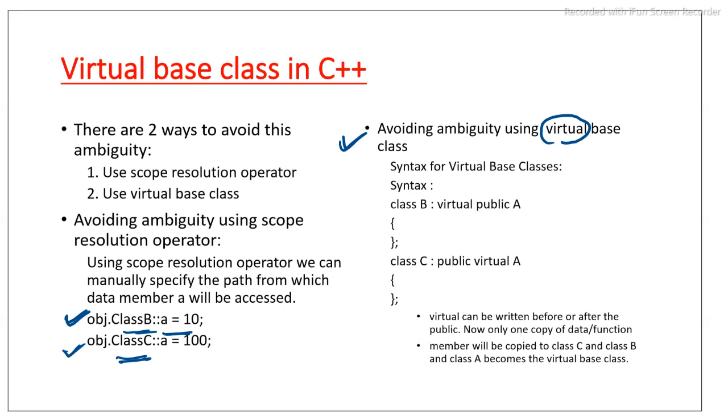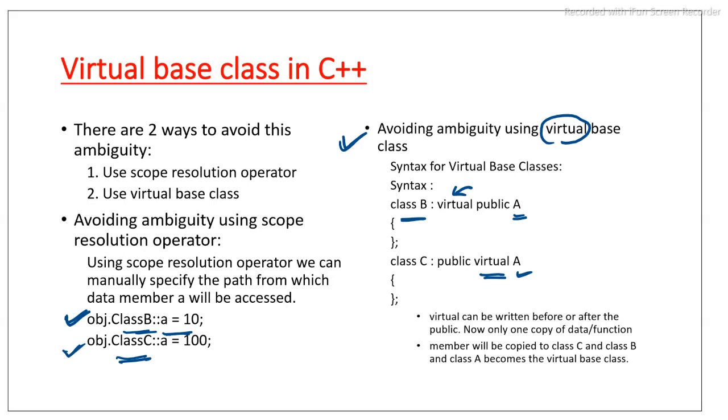The syntax is like this: if class B is inherited publicly from A, we specify virtual public A. Similarly, if class C is inherited from class A publicly, we can also mention the virtual keyword like this: public virtual A. So we can write public virtual or virtual public, it does not matter.